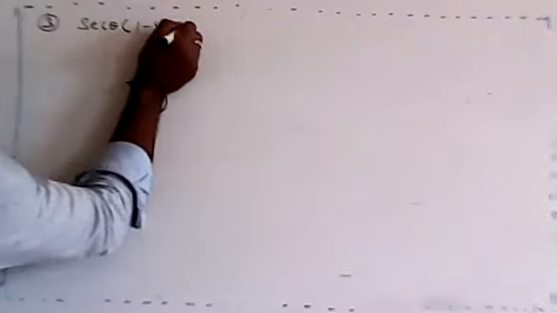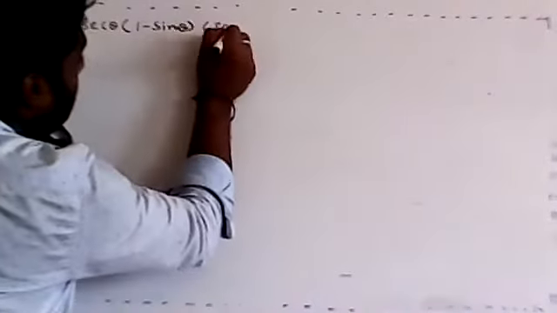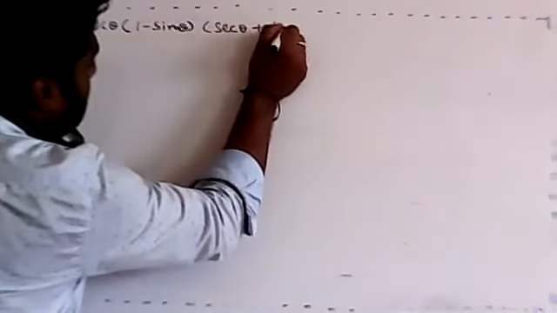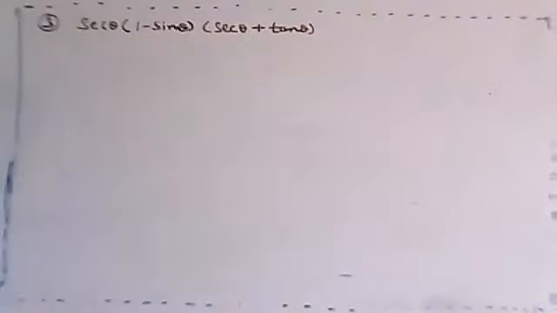Simplify secant theta into 1 minus sin theta, into secant theta plus tan theta. We have to solve this one. Secant theta into 1 minus sin theta and secant theta plus tan theta.